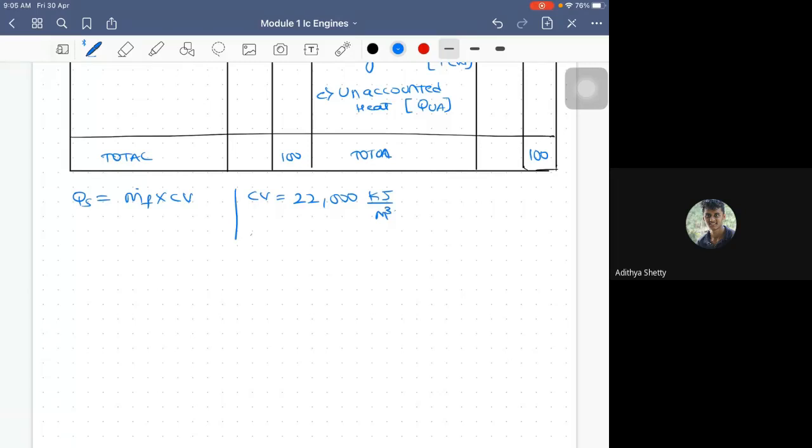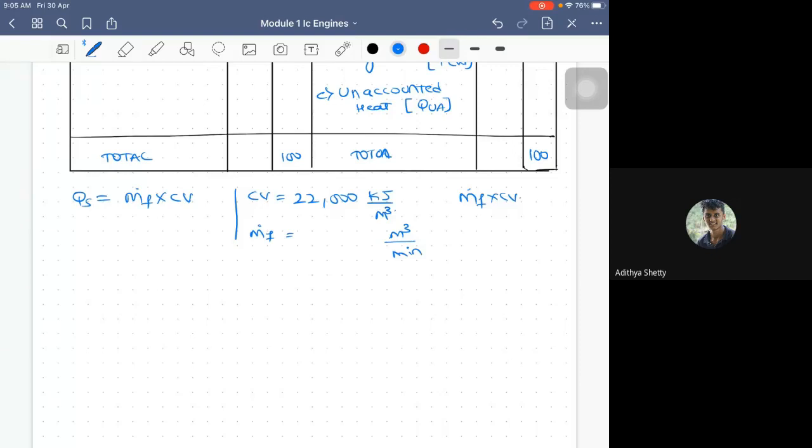So it's better that you substitute the value of mf in meter cube per second or meter cube per minute. If you substitute meter cube per minute, now check the values. It is mf dot into CV.